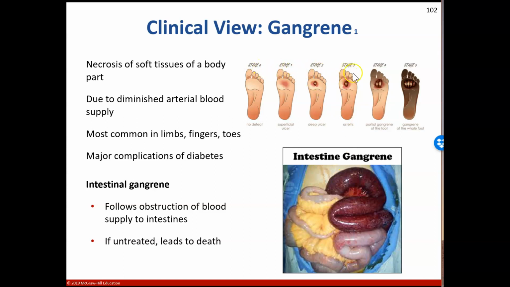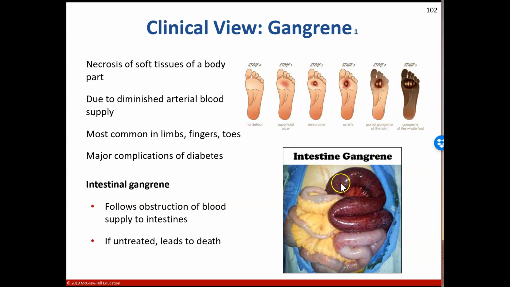And here are some of the different stages of gangrene. We have stage 1 all the way to stage 5, and here are our descriptions. It is going to be common in our limbs, especially in our fingers and toes, and is a major complication of diabetes since we don't get enough blood supply to these areas.